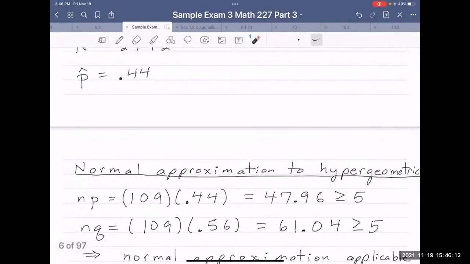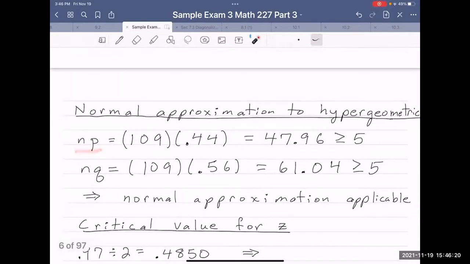So first off, let's check if the normal approximation to this hypergeometric distribution is applicable. So let's look at n times p. 109 times 0.44 is 47.96. Well, that's greater than or equal to 5. Let's look at n times q.